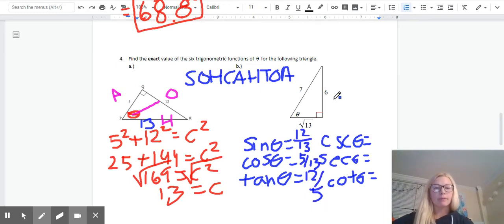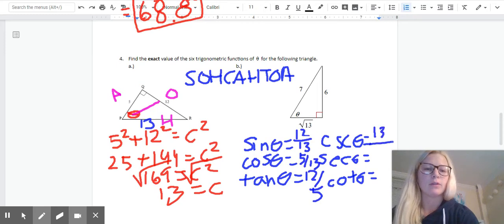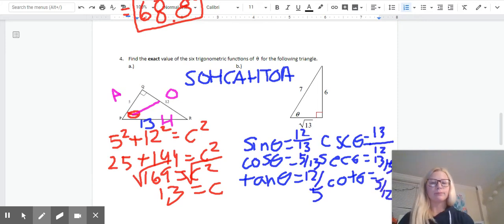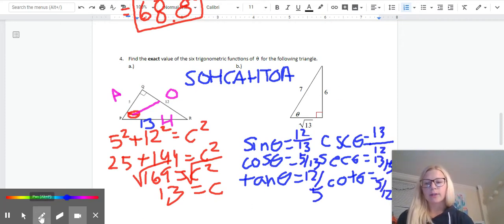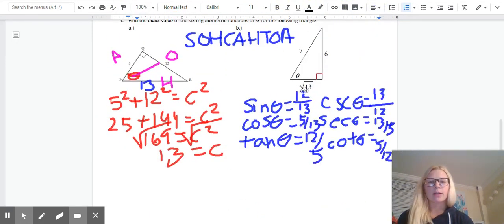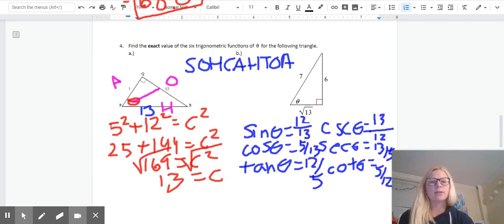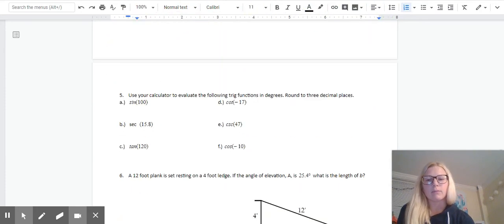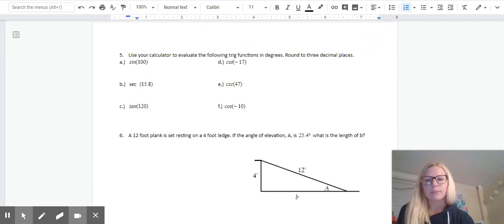Now we're going to flip it for these: 13 over 12, 13 over 5, and 5 over 12. And that's how you find the 6 trig functions. There was also an example of that in the notes that you can go back to. Just a quick side note: the one that you're going to do, the 7, 6, and square root 13, already gives you the 3 sides, so you can skip the whole Pythagorean theorem thing and just do your SOHCAHTOA.